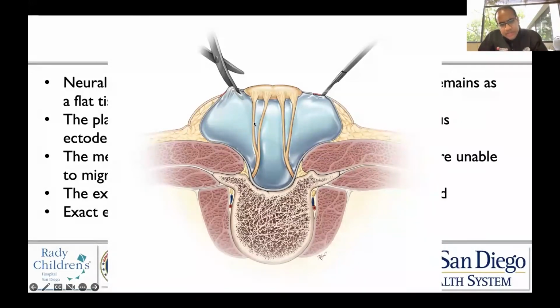These are nerve roots, and they may be normal, they may be dysplastic, we're not quite sure. You can see there's absence of the normal bony structures. The vertebra ends in the pedicle here. There are no articular pillars, there are no facet joints. There's an absence of cartilage, and the muscle is atrophic in this area as well.